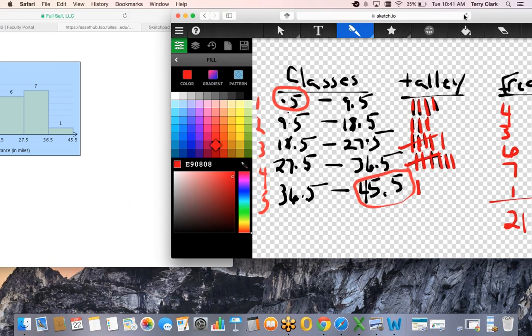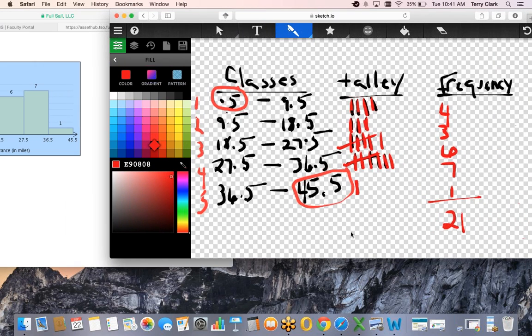Okay, let me see if I can actually. If we were actually creating a table for it, it's challenging when I can't see my own stuff. We would actually do something like this. And then all of this information here, let me put it in purple, is going to be on your horizontal axis.